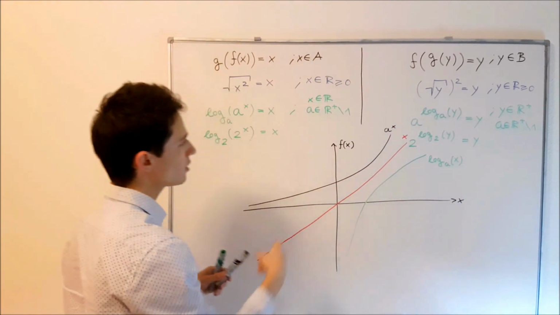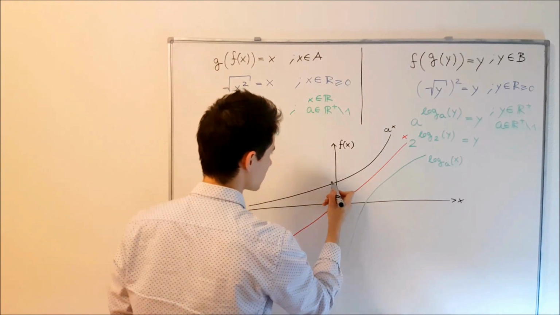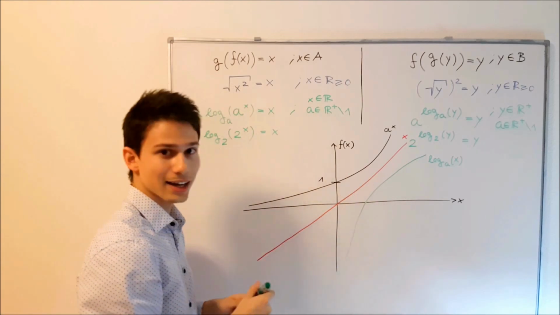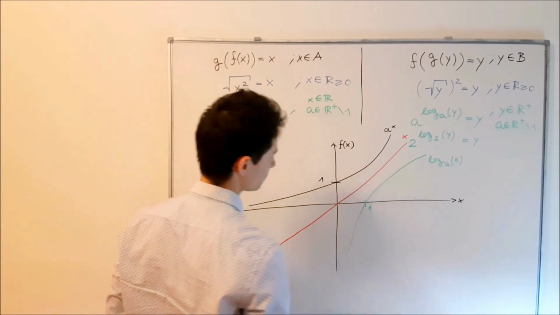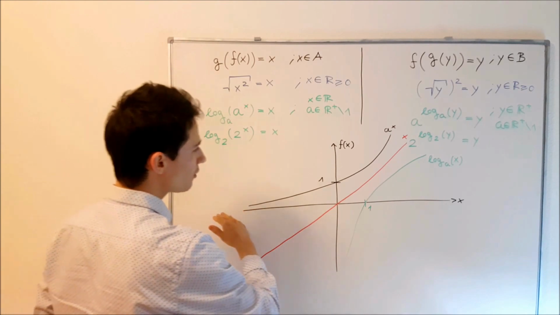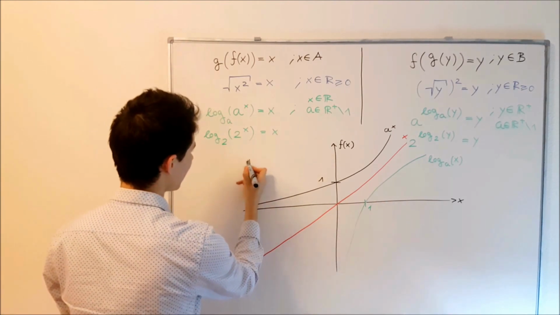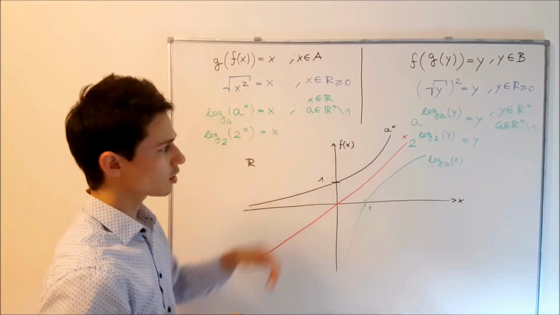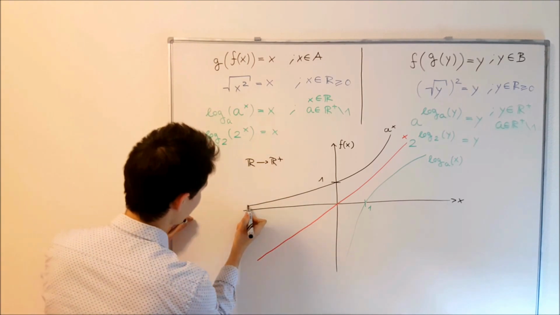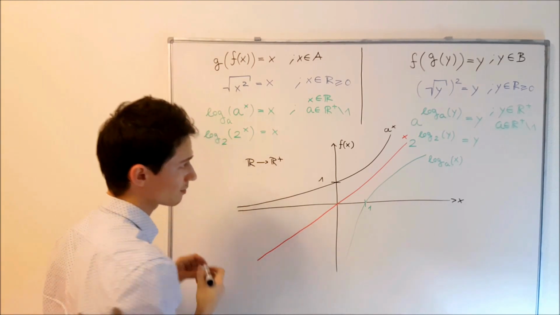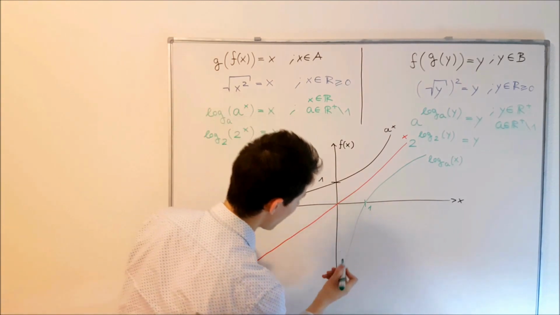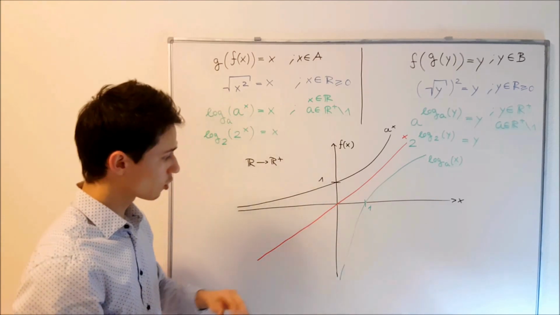Since you know that a to the power x always crosses the y-axis at the value 1, now you know that the log crosses the x-axis at the value 1. And since you also know that a to the power x maps all real values on the x-axis to only positive values on the y-axis, because it approaches the x-axis, but it will never cross it, now you see that the log approaches the y-axis, but it will never cross it.